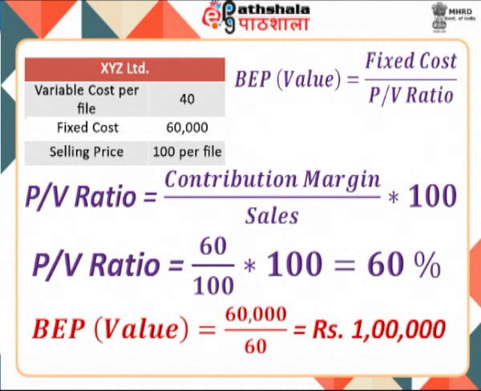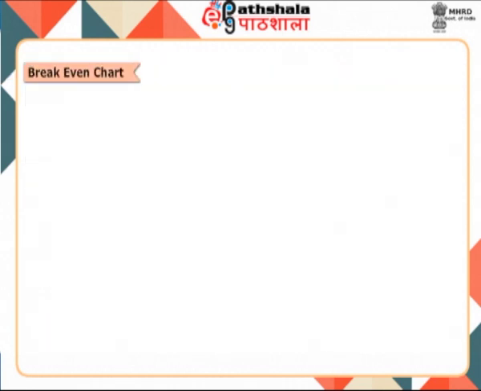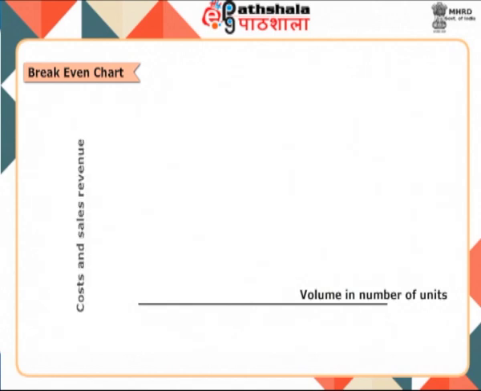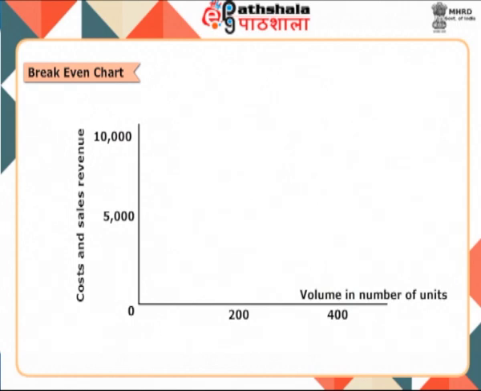Let us move ahead to understand the break-even graph. The break-even chart or graph may be drawn by taking the following steps. Volume in number of units is taken as the horizontal axis and the costs and sales revenues are taken on the vertical axis.